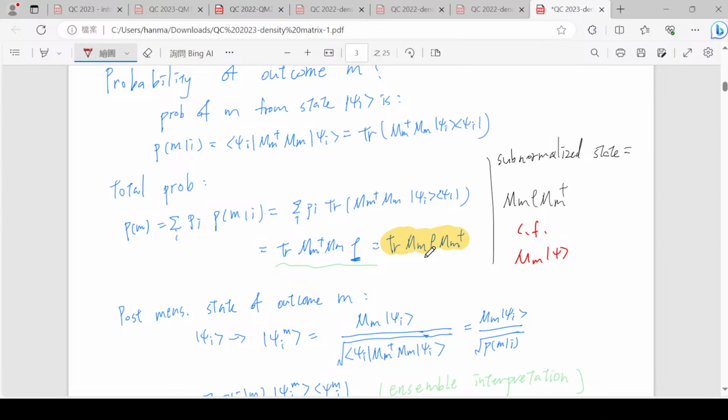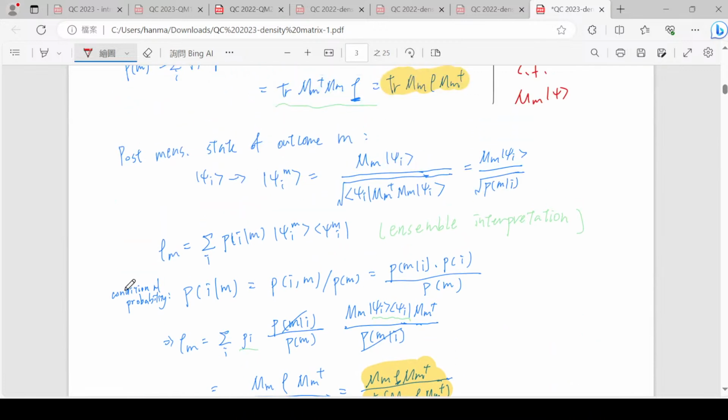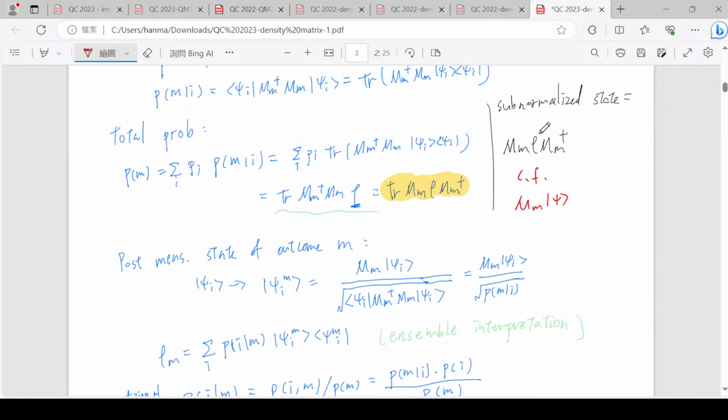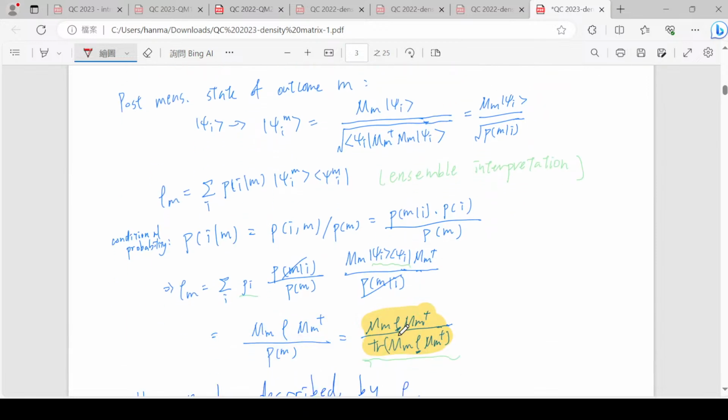So the probability is just the trace of the subnormalized density matrix, and then the actual post-measurement state is this matrix normalized by dividing by the probability. So it's this thing here.